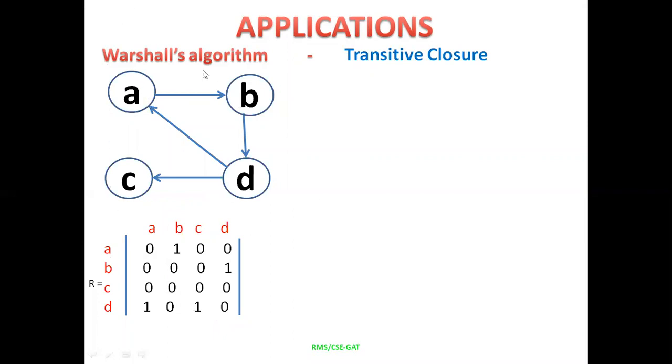So in this graph, A to A, B to B, C to C, D to D should be 0. And if I have a direct edge between any two vertices, it should be 1. Like here, A to B, B to C, D to C, and D to A. So 4 direct edges, so there are 4 ones here.